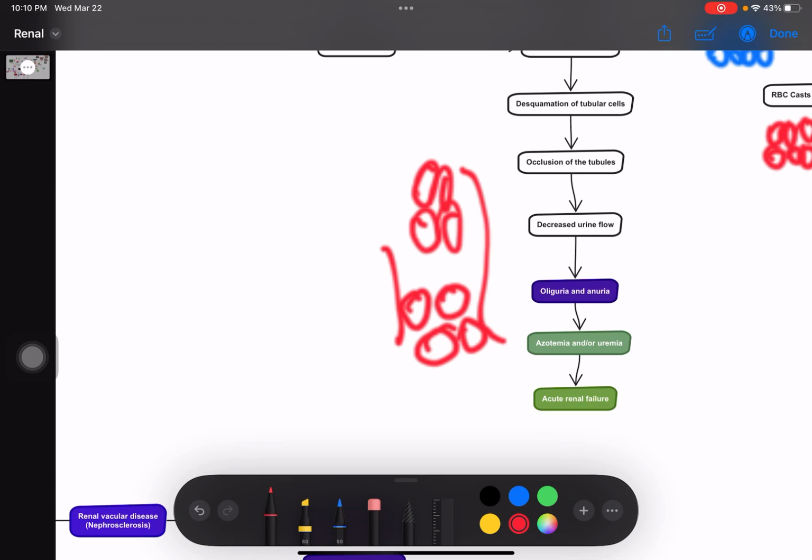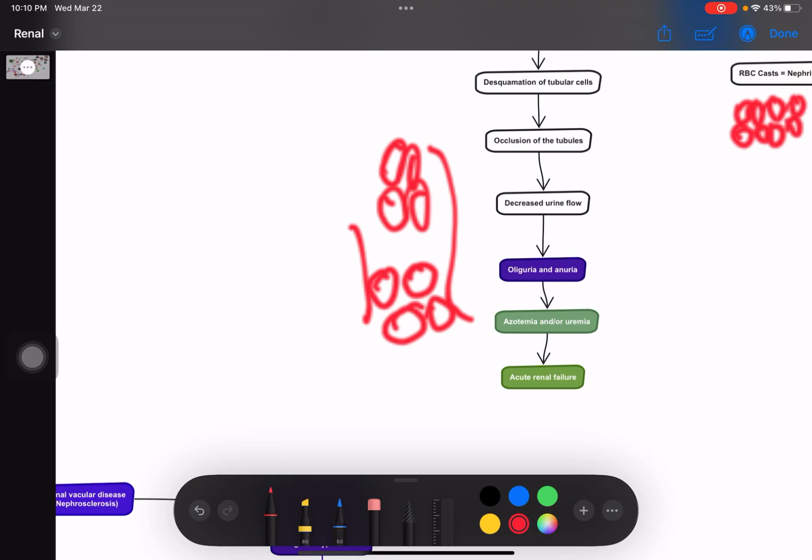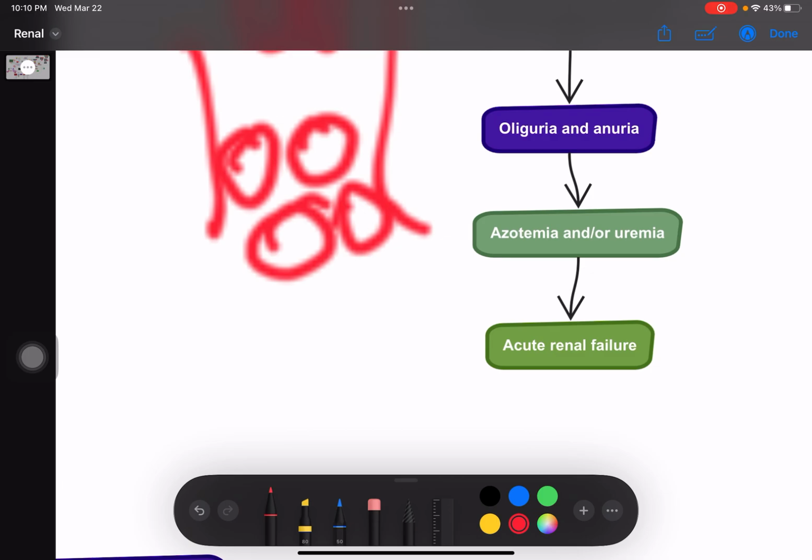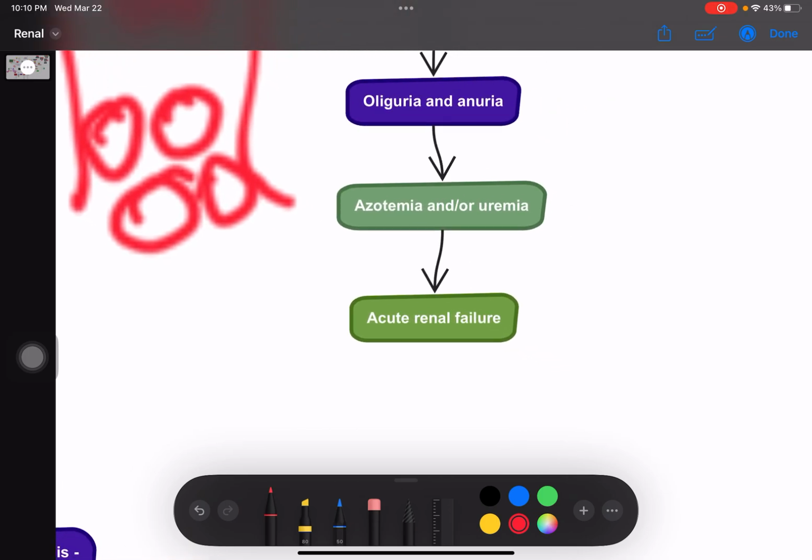Pressure is going to increase, net filtration from the blood vessel to the glomerulus is going to decrease even farther because of the increased pressure in the tubules. This is going to create a problem because blood urea nitrogen and creatinine is not going to get filtered. This is going to increase those levels, and it will cause azotemia.